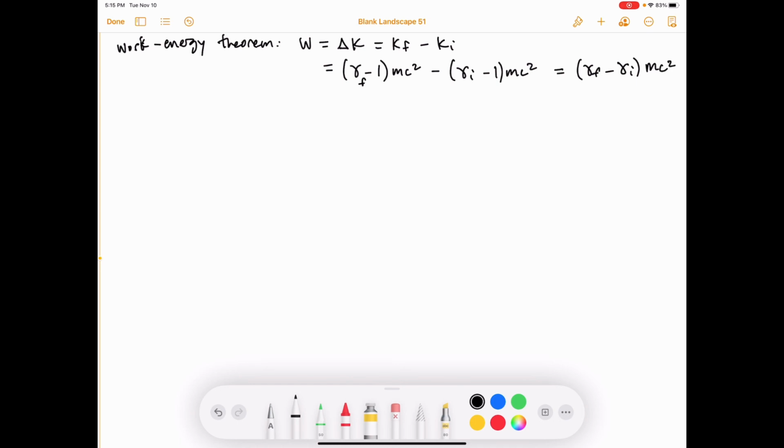And then let's just remember what gamma is. That's 1 over the square root of 1 minus v squared over c squared.